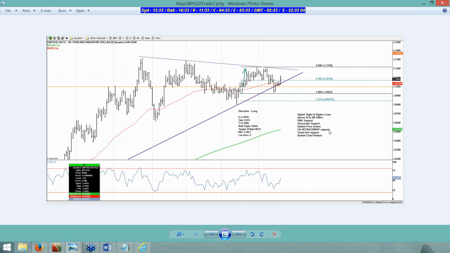You don't have fib support. If it had stopped on the 61, somewhere in here, yeah, but no, that doesn't work. Trend line support, I'll have to believe you because I can't see your two touches prior to that.